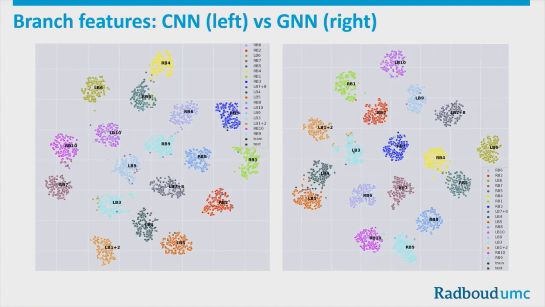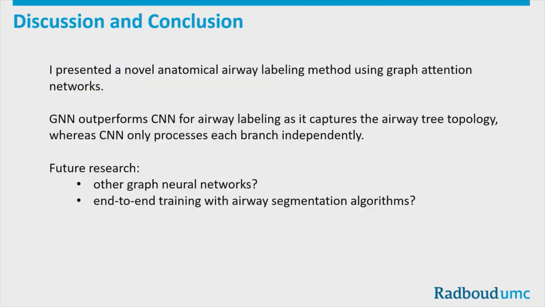But they are supposed to be close to each other because they are connected close to each other in the airway tree. This is not happening in the graph attention network, because RB7 to 10 are clustered together close to RB6, since they are all from the right lower lobe. They're all right lower lobe segmental branches. This is a sign that the graph attention network is capturing those local airway structures.